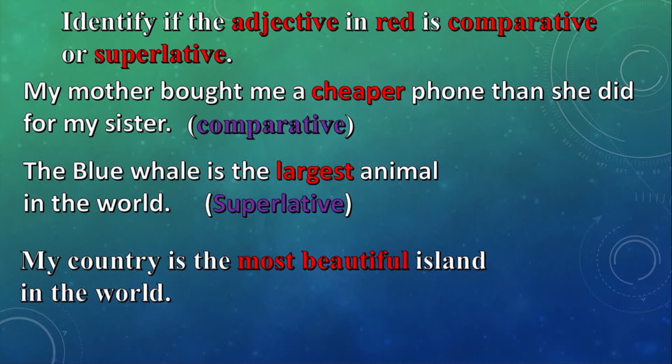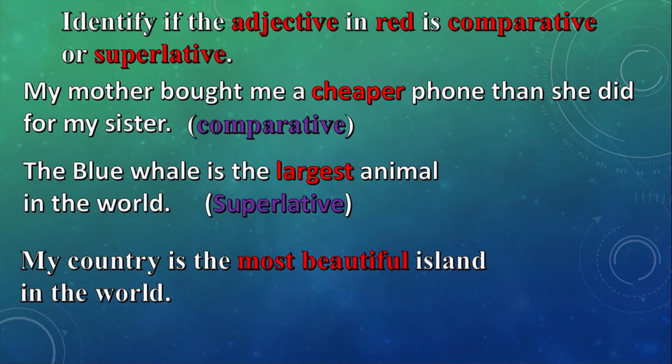Right. My country is the most beautiful island in the world. So this one has neither -er nor -est. So what you have to do is remember the rules that we spoke about before and see if it is comparative or superlative. Let's see if you can get it.